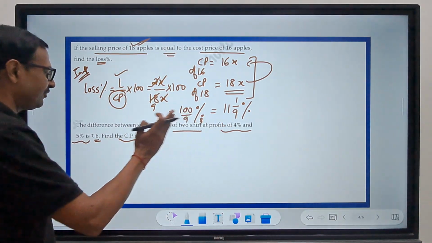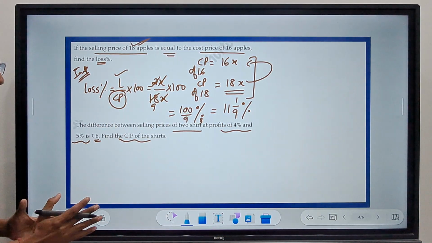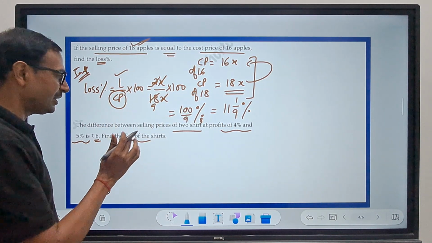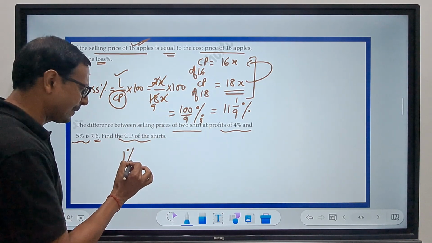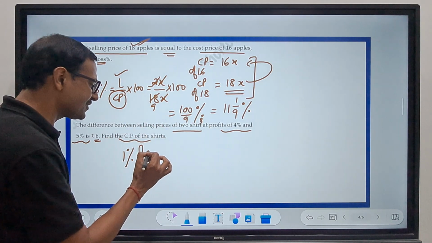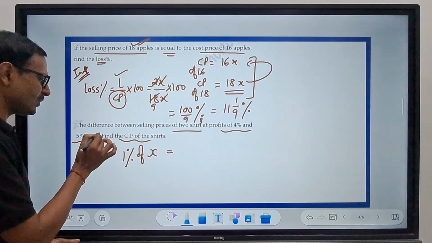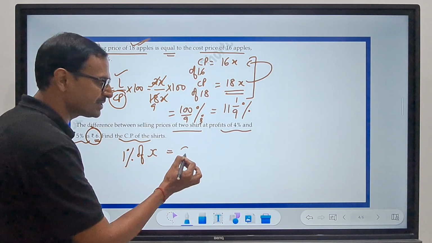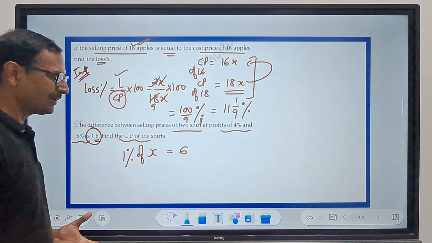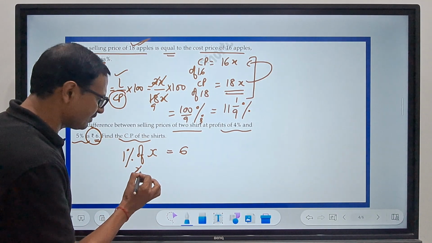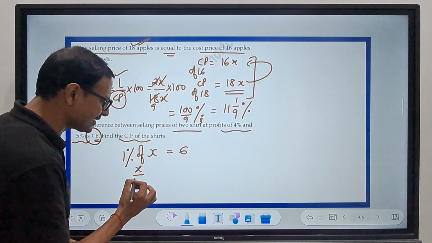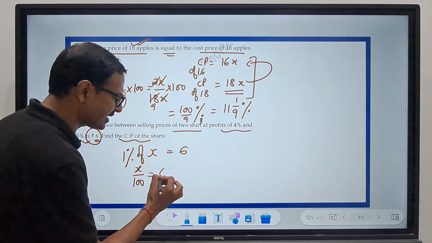4% and 5% profits, that means the difference is just 1%, right? And 1% of something is given in the question. The difference in selling price is rupees 6. Pretty easy after this, right? 1% means 1 upon 100 of x, so x upon 100 is 6.